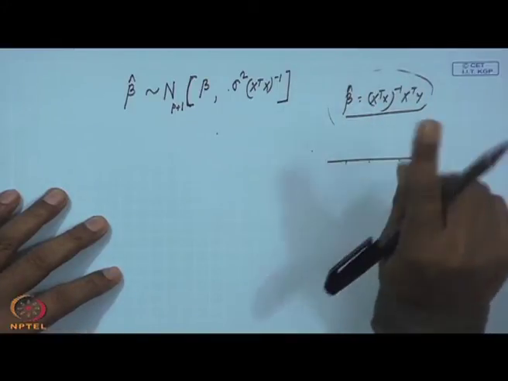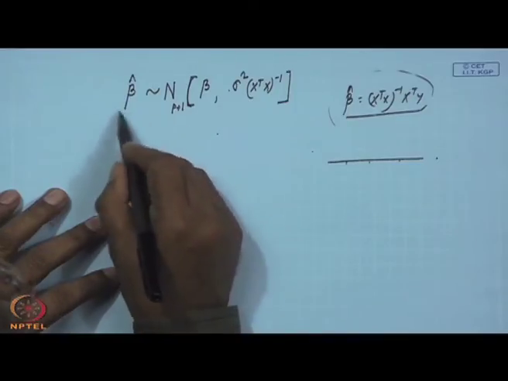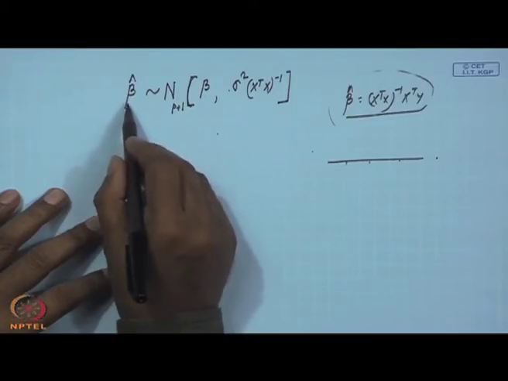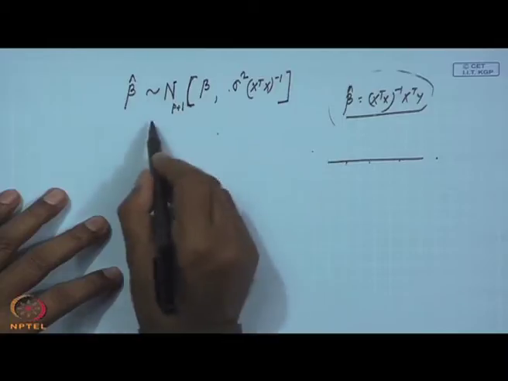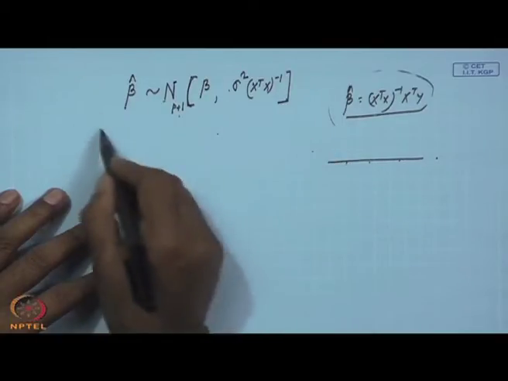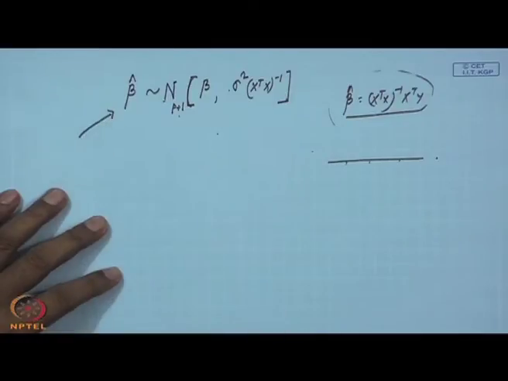If there are n data points, n errors will be there, so that error component also will be multivariate, n cross n. We are estimating p plus 1 parameters, so we assume that beta is multivariate normal with p plus 1 dimensions, and this is the distribution of beta cap.